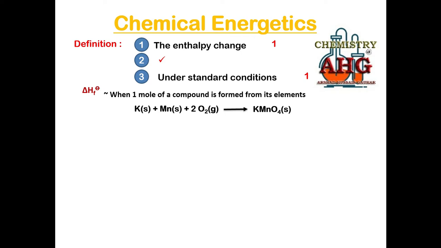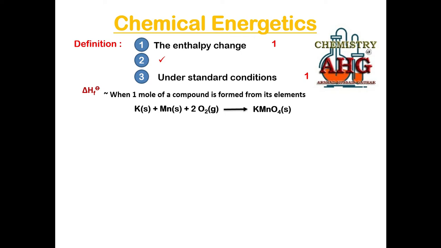So to balance oxygen, we will have to insert a coefficient of 2 before oxygen on the left hand side. So this way you can write down a balanced equation for the formation of KMnO4 solid. Okay, this is the first definition that we studied in AS, and we revised it in our A2 syllabus.